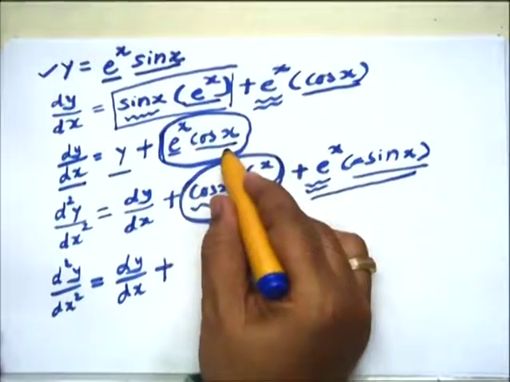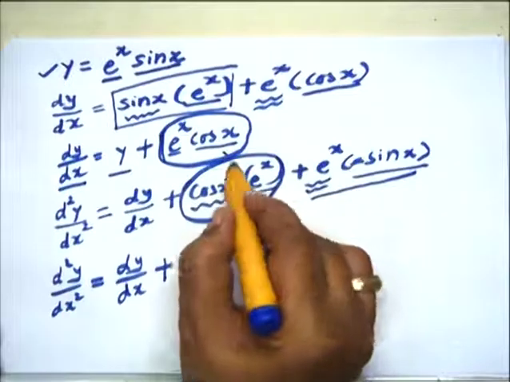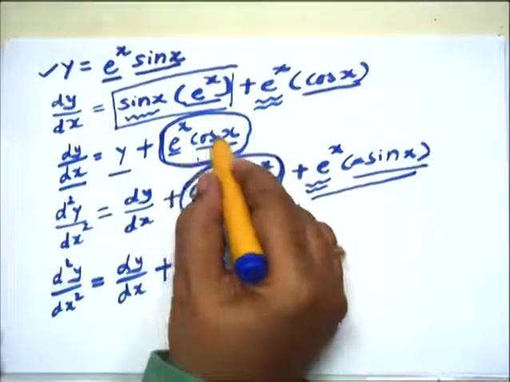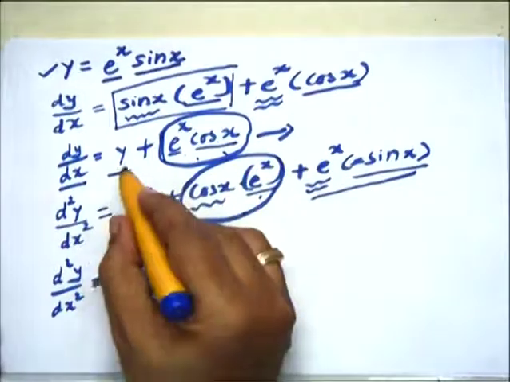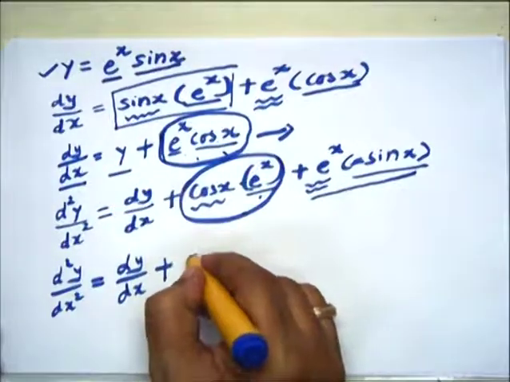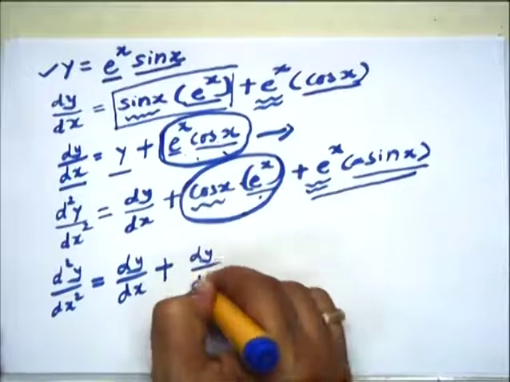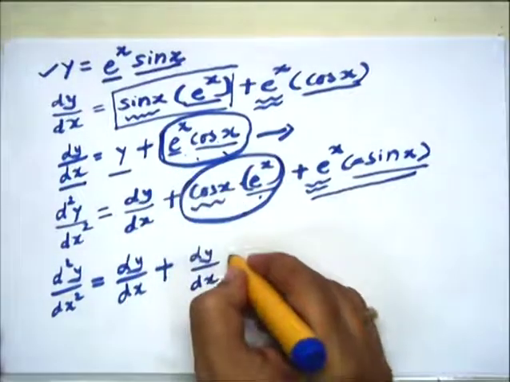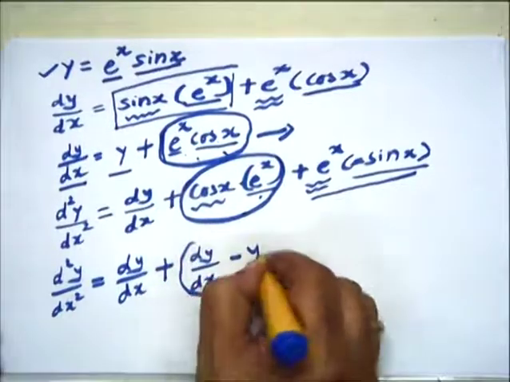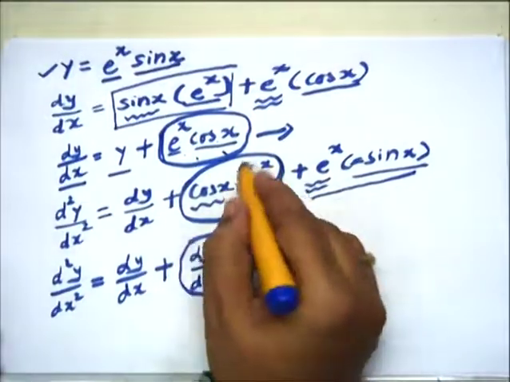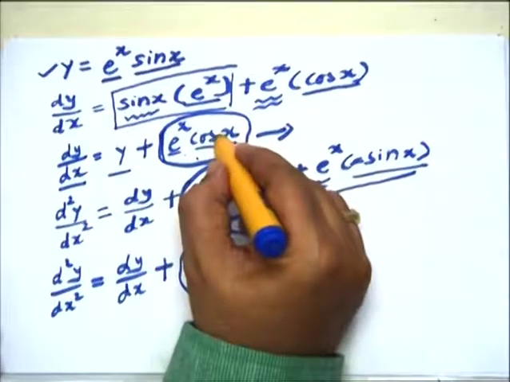So if I substitute the value of e raised to x cos x from the earlier equation, I can write dy by dx minus y. This is the value for e raised to x cos x from that equation.